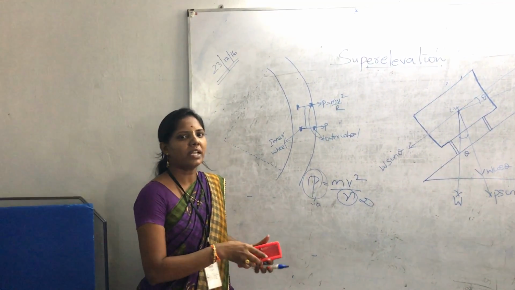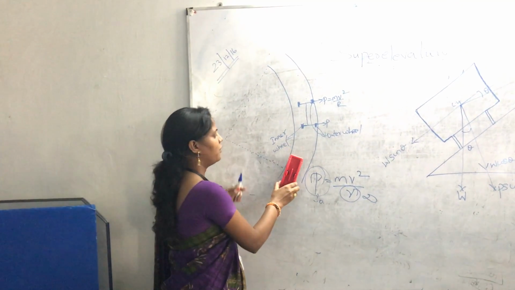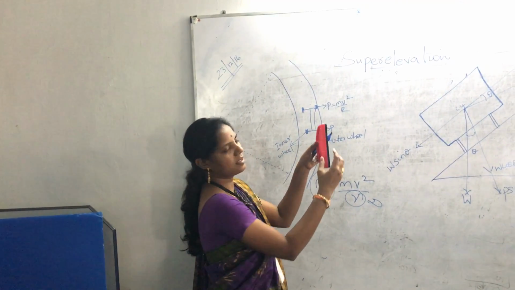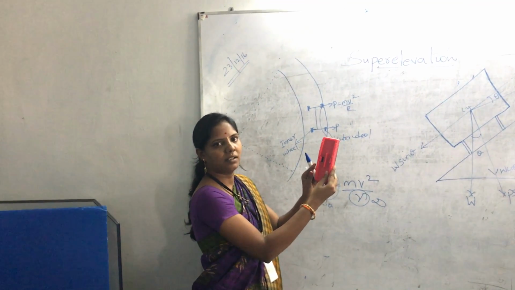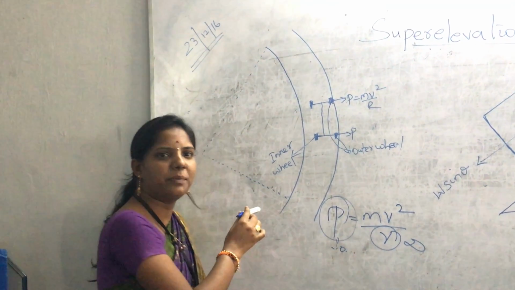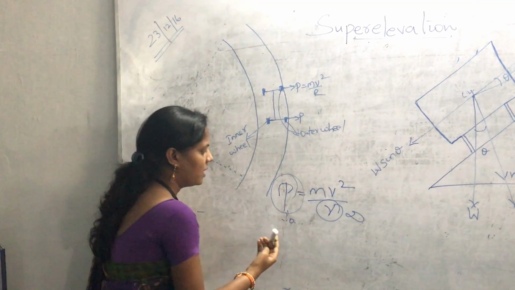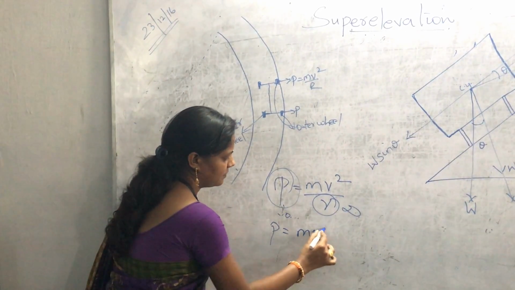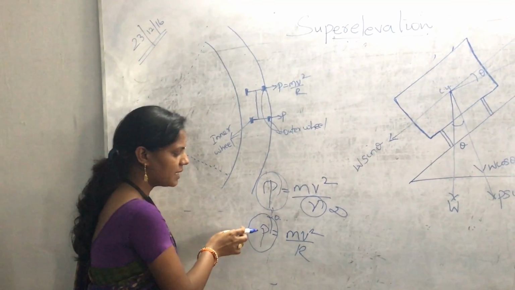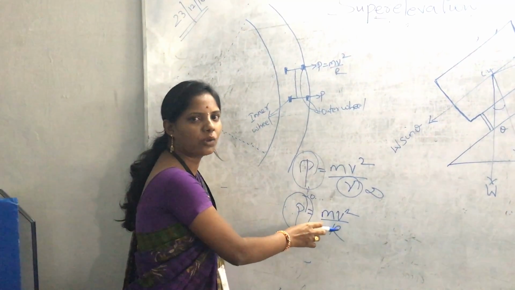If the vehicle is moving in a horizontal curve section, consider this is the vehicle, this is the outer wheel and this is the inner wheel. In a horizontal curve section, the radius is very low, say 100 meter, 200 meter, 300 meter. If the radius is very low, the centrifugal force will be very high, because the centrifugal force is inversely proportional to the radius and directly proportional to the velocity.